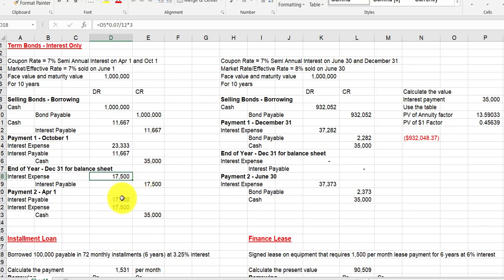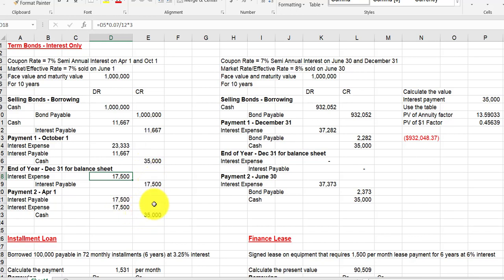interest payable. Then when we make our second payment on April 1st, we're going to pay back that payable and an additional 3 months, January, February, and March, interest to our lenders, $17,500 for a total cash of $35,000.